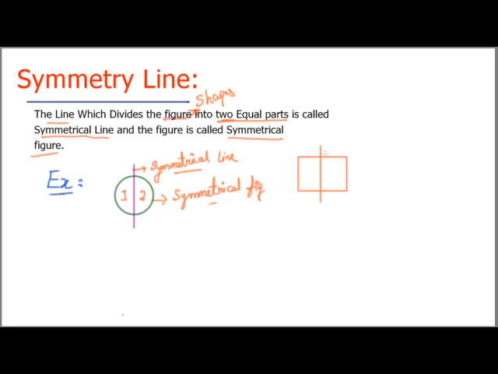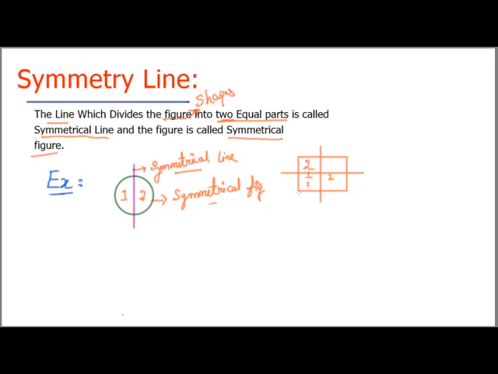When I divide this square sheet by using a vertical line, it divides the figure into two equal parts. Now I take one horizontal line. Now also this square is divided into two equal parts, that is 1 and 2.